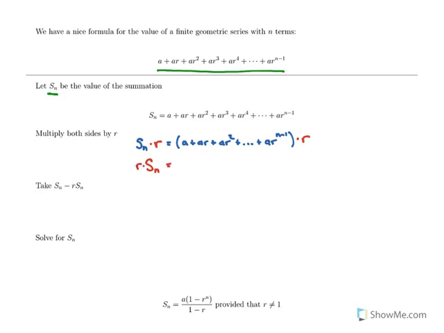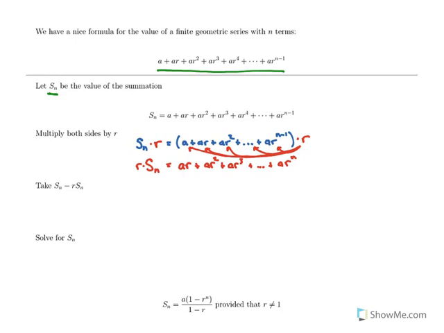And if we take R, we're going to have to distribute it to each term here. If we do that, the power of R is going to increase by 1 in each step. This is going to be AR plus AR squared plus AR cubed all the way to AR to the n.